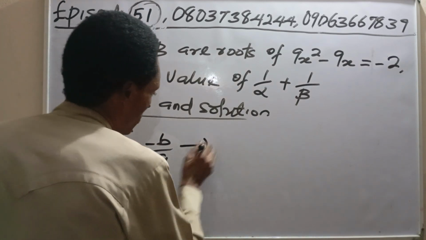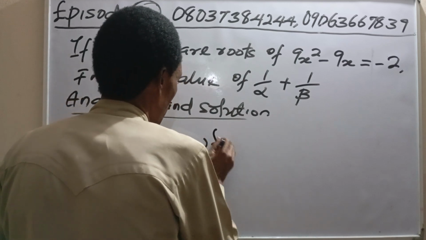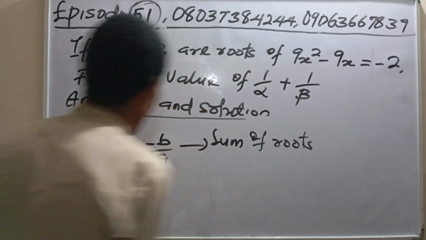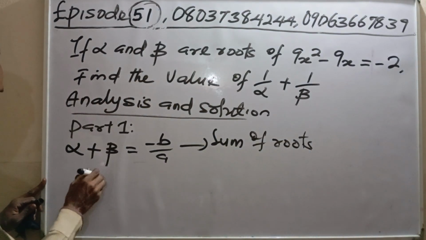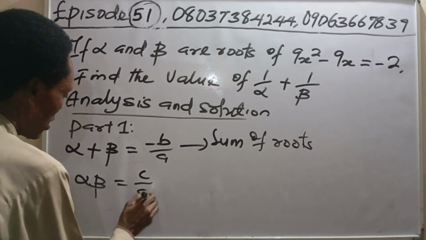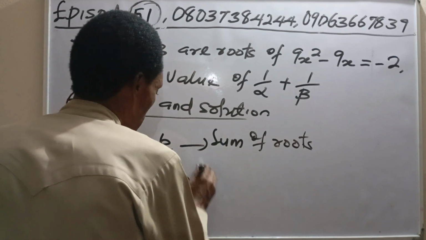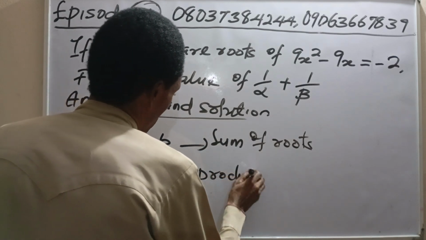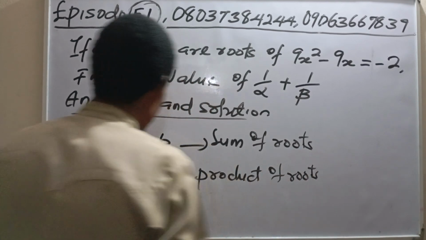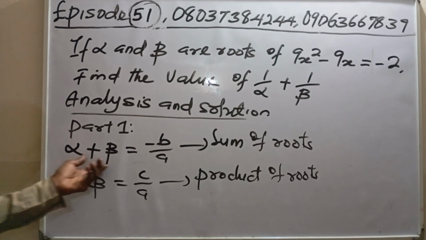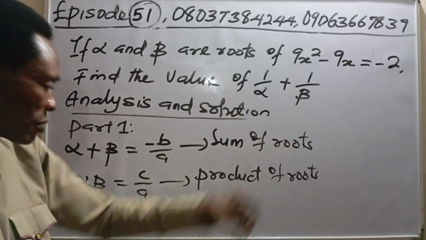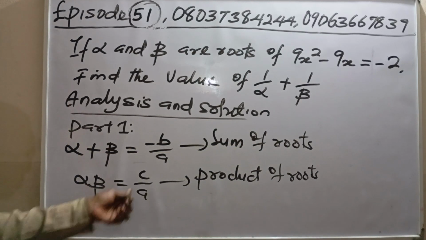Then the product of roots, which is alpha beta, equals c over a. You can see the sum of roots, alpha plus beta, equals minus b over a, and the product of roots, alpha beta, equals c over a.